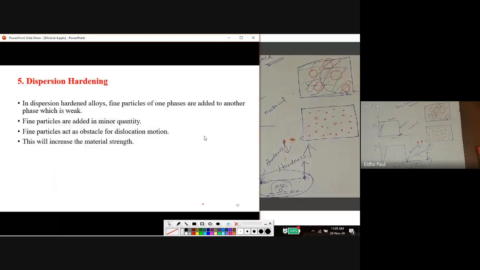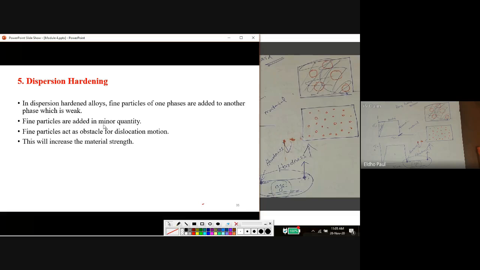So the last one is dispersion hardening. Similar to precipitation hardening, in dispersion hardening, fine particles of one phase are added to another phase which is weaker. Okay, so we have a weaker phase. In the weaker phase, we add fine particles of one phase. It's almost similar to precipitation hardening. So fine particles are added in a minor quantity.